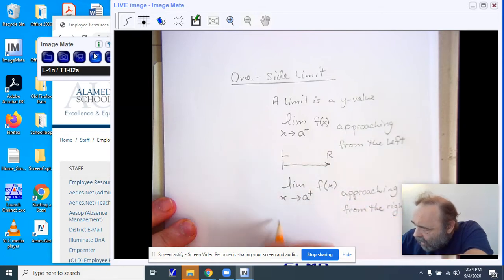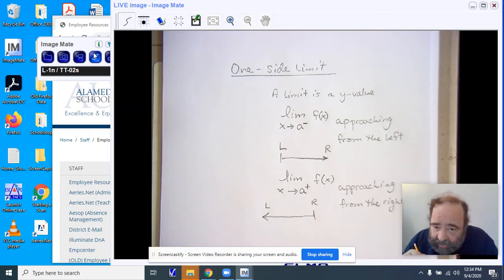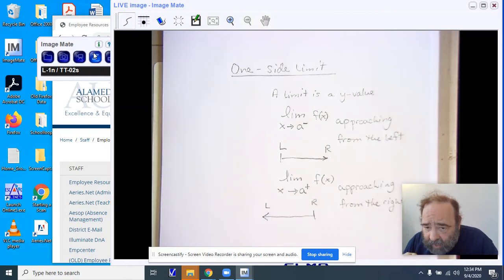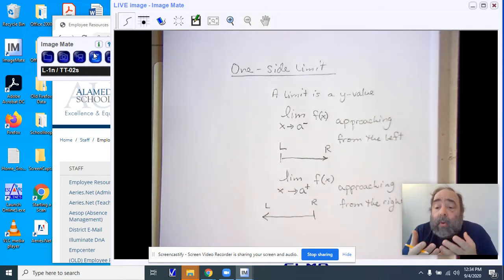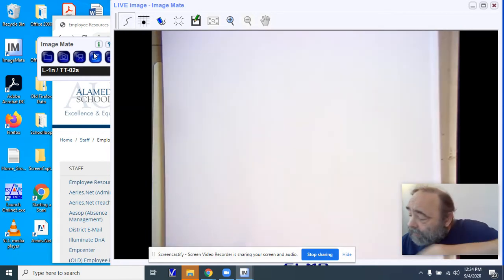And therefore, all of our positive values, or the majority of them, are going to be behind us as we move toward our value. So be aware, for one-sided limits, we either have a minus or a plus behind the value, and this tells us the direction of approach. How are we approaching our value? Let's take a look at a graph, please.